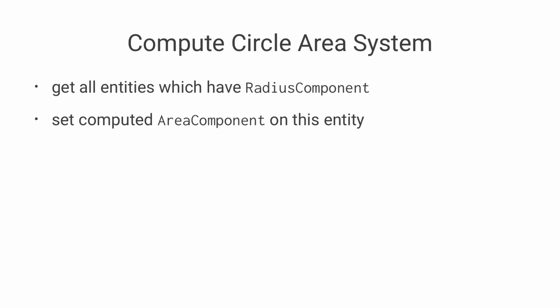Contrary to object-oriented programming, where we want cohesion and keep everything close by and work on our own data. So in the compute circle area system, we say, please give me all the entities which have a radius component, and then I will compute the area based on the formula, and I will set the area component on this entity.